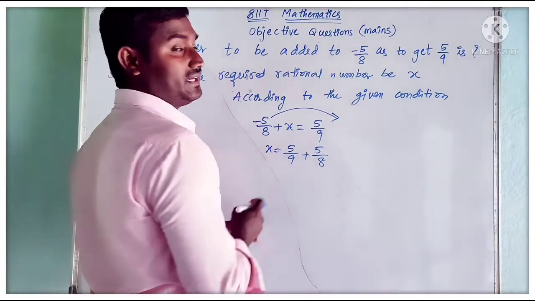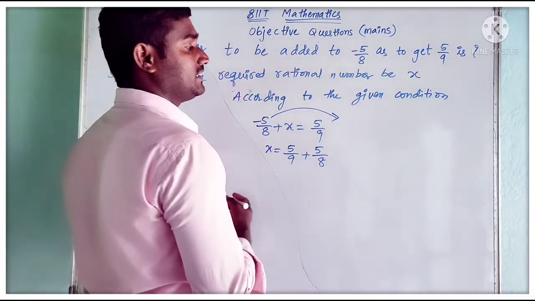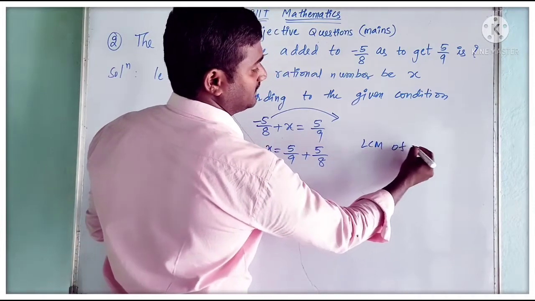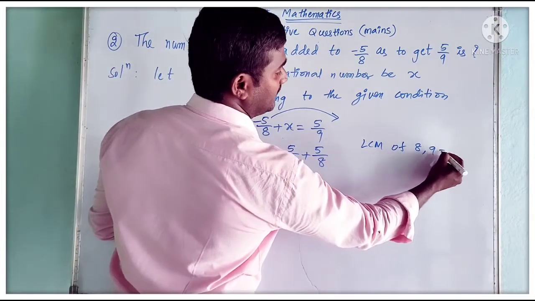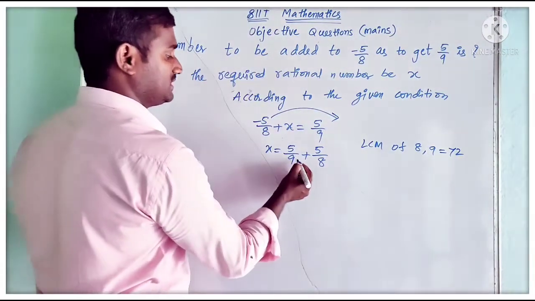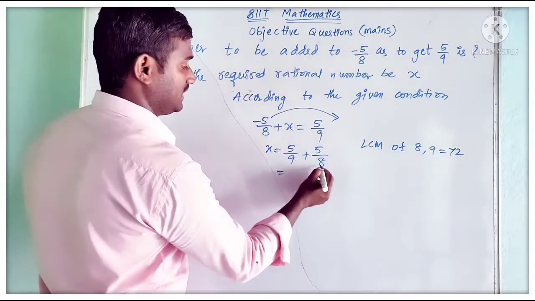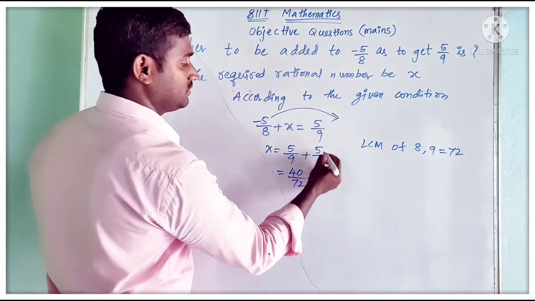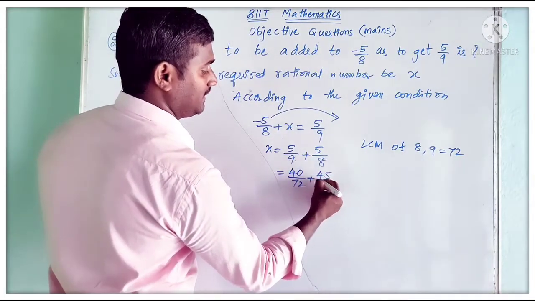Here we have different denominators, so we need the LCM. LCM of 8 comma 9 is 72. So to get 72, 8 into 5 is 40 by 72 plus 9 into 5 is 45 by 72.